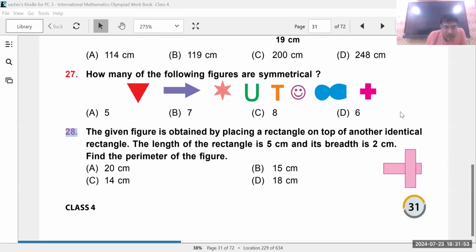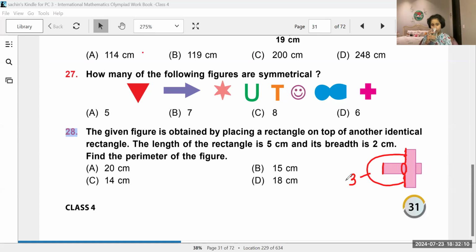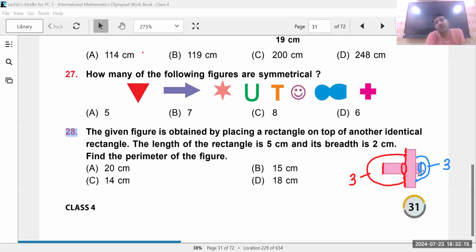What Roti Didi has done is, she is saying this is 2. तो इस पूरे में से अगर मैं 2 सब्ट्रैक्ट कर दूं यहां से, तो these 2 का मेजर लेंथ मुझे कितना बचेगा? 3. Do we agree? Yes, sir. सिमिलरली अगर मैं ये माइनस कर दूं, तो इन दोनों का लेंथ भी मेरे पास 3 बचेगा. सो सेम थिंग, इफ आई सब्ट्रैक्ट दिस, तो इन दोनों का लेंथ 3 बचेगा, इन दोनों का लेंथ 3 बचेगा.